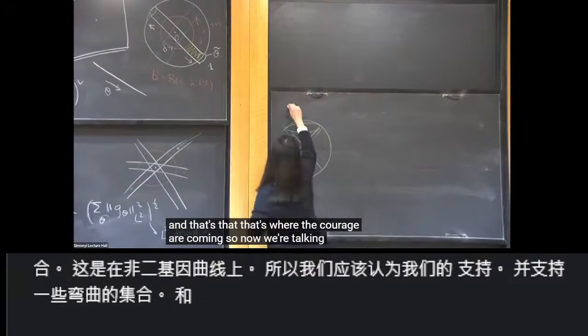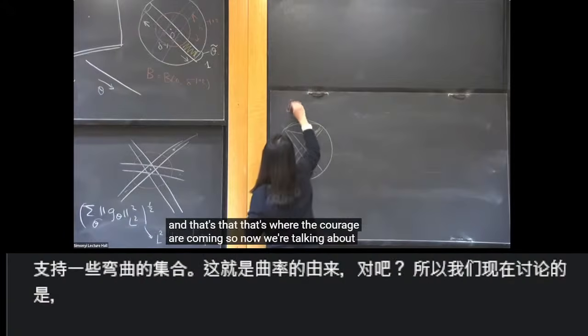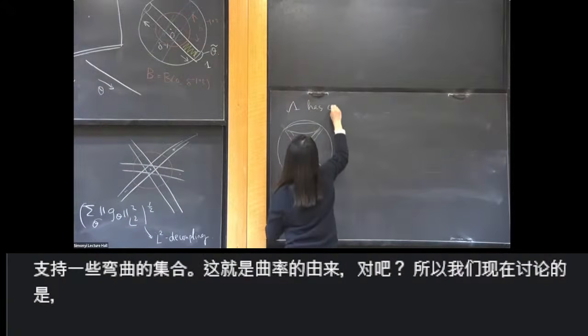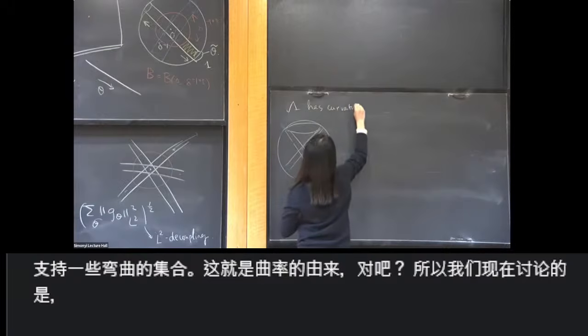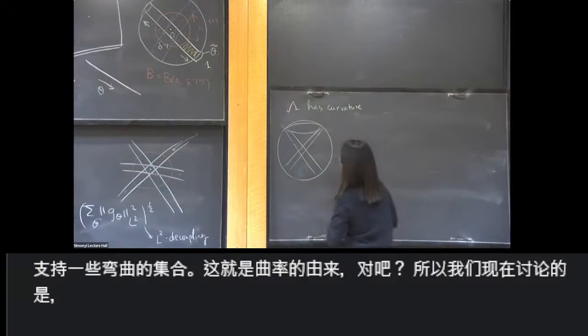So now we are talking about gamma has curvature, lambda has curvature.